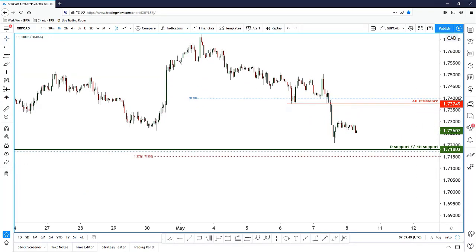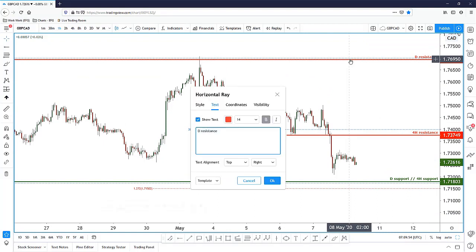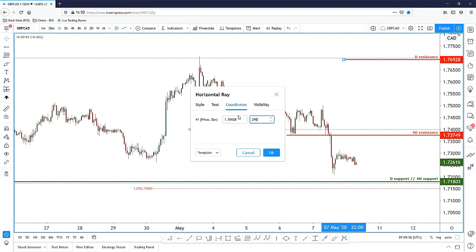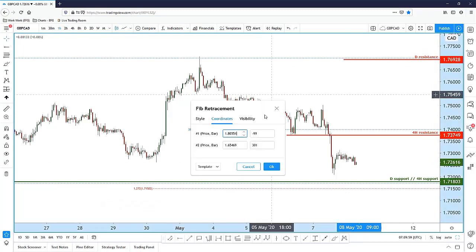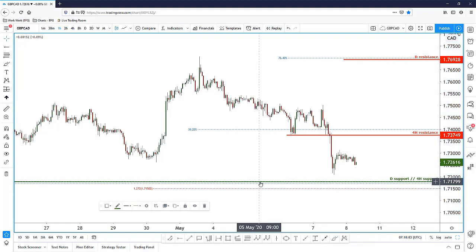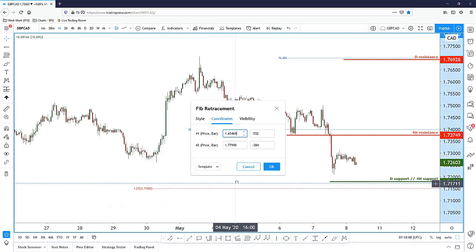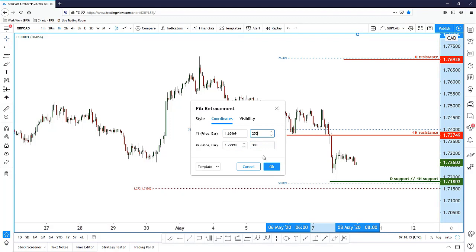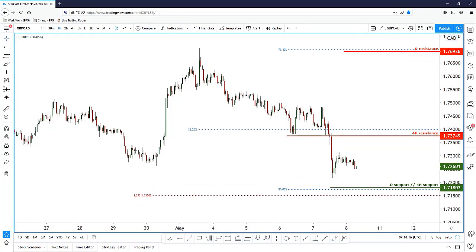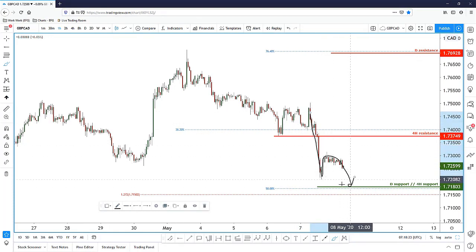Okay, so now we are on the 1 hour, right? Let me just tidy this up. Okay, so we see that price has come down, bounced, and seems to be coming down all the way again, right?